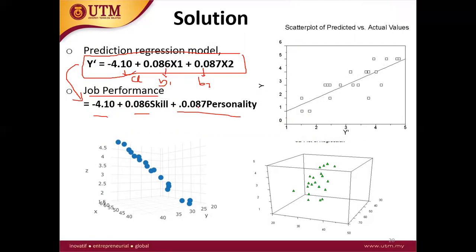Okay. So we transfer into a scatter plot of y and y predicted, the scatter plot of predicted versus actual values. This is the scatter plot for y, s1, s2, and y.